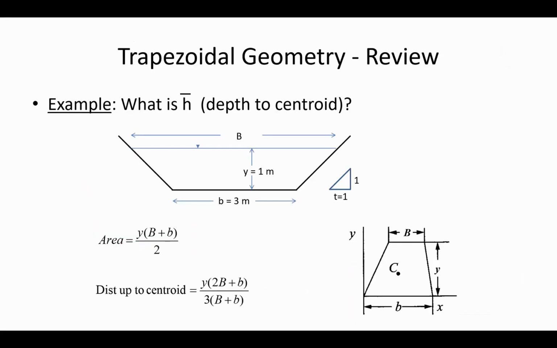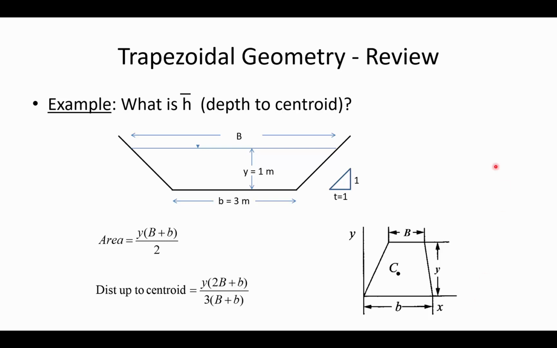Right. Now, when we were calculating the momentum depth diagram, remember that one of the terms that goes into the momentum function is h bar, the depth to the centroid. So h bar is how far down from the surface it is to the center of area.